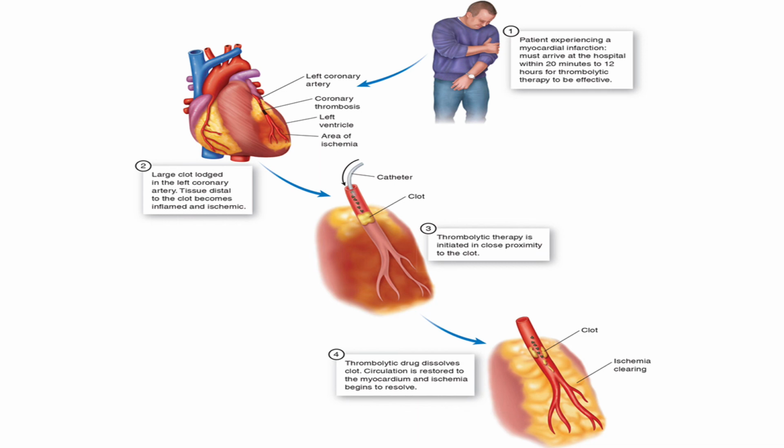What the thrombolytic tries to do is to break up the fibrin clot or the thrombus at the ruptured plaque site and restore some circulation so that the myocardium can receive blood supply and oxygen again. And if it's successful, then you will reduce the size of the heart attack with a thrombolytic.